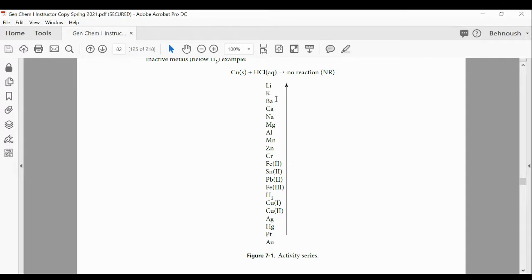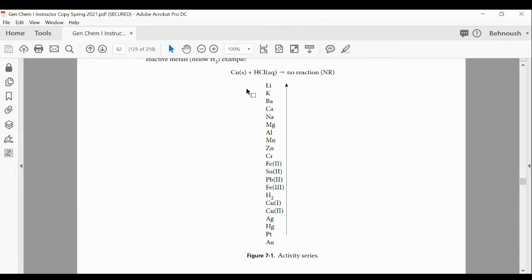If the element is higher up, that means it's more reactive, and that's why you know this as the activity series. It's going to lose electron or replace any of these metals in its compound or in the aqueous solution of those compounds. And for hydrogen, or hydrogen chloride, HCl, if you have, for example, copper here, copper is lower than hydrogen, so it cannot lose electron to hydrogen.